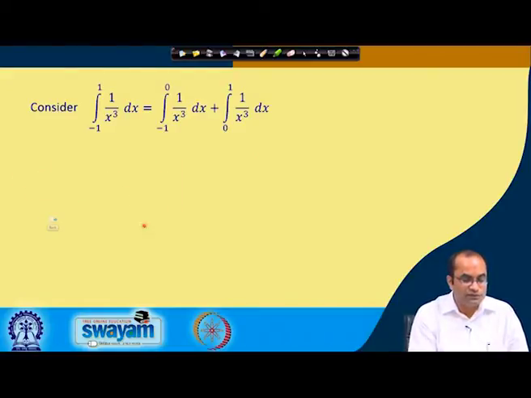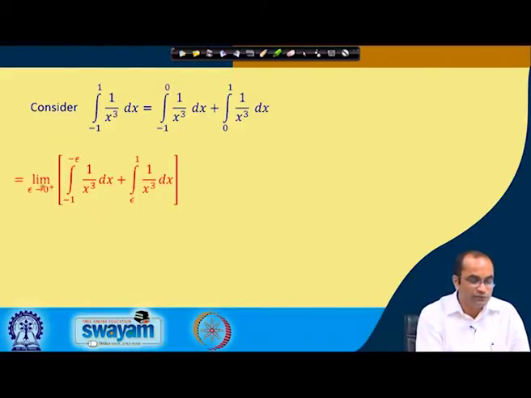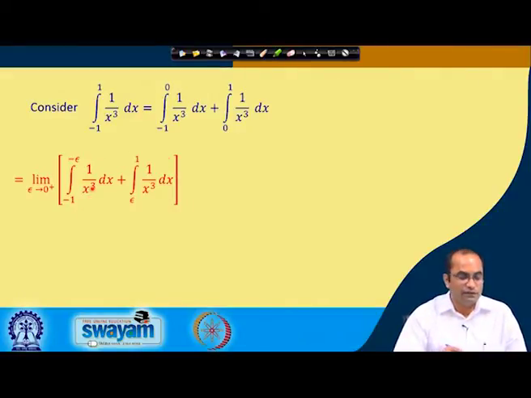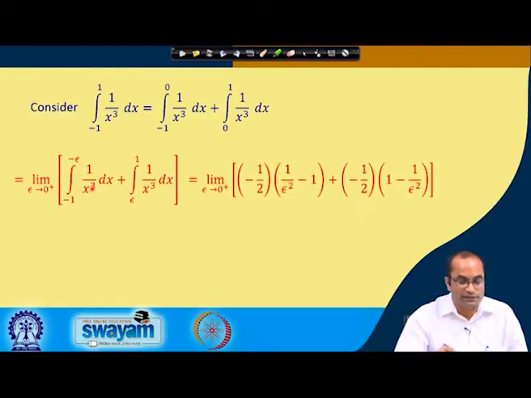If we use the first approach, introducing only one epsilon, then when we compute, the antiderivative of 1 over x cube is -1 over 2x square, and putting in the limits we get this here. For the second integral again we get 1 minus 1 over epsilon. Now these will cancel out and the limit will be 0.